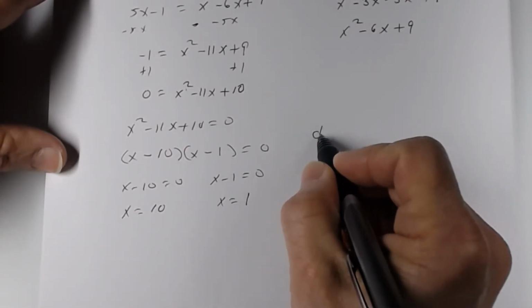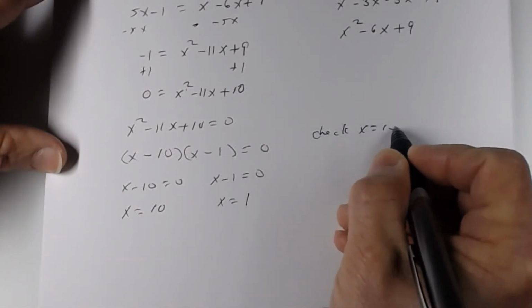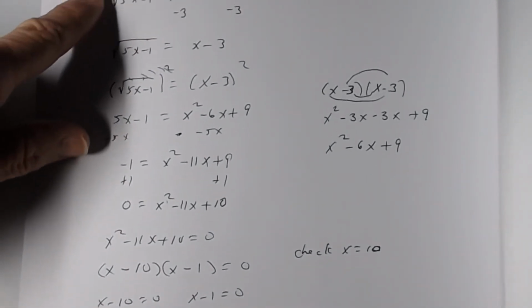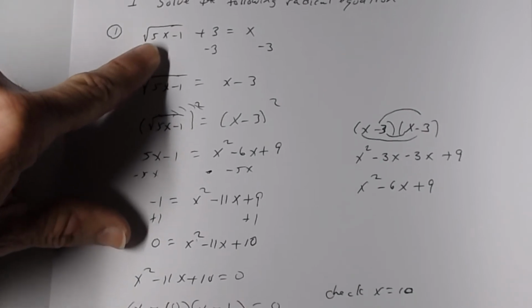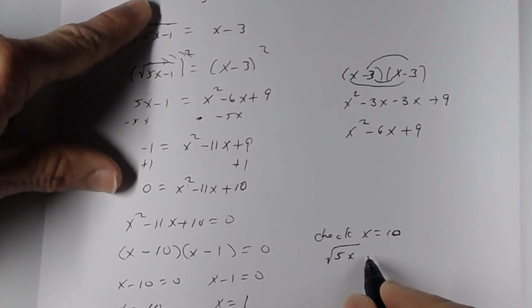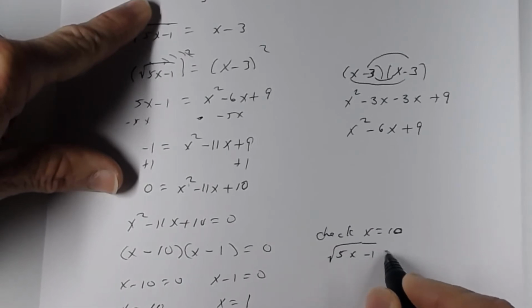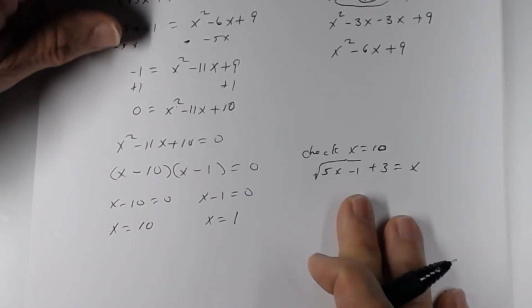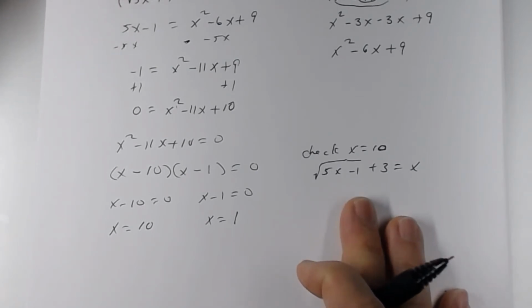So let's check x equals 10. Right here, I get the square root of 5x minus 1, plus 3, equals x. Where we see the variable x, what do I substitute? 10.